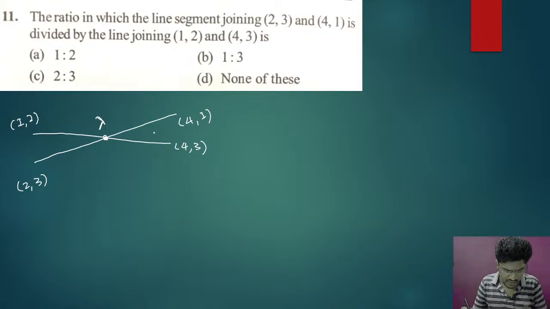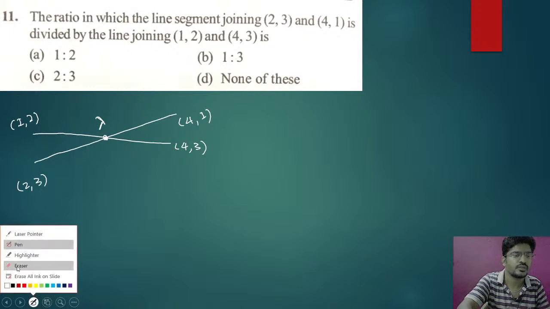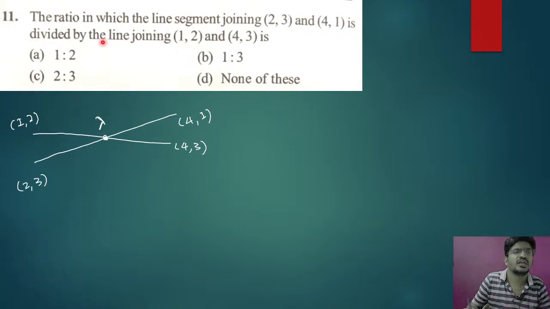So the ratio in which the line segment joining the points 2, 3 and 4, 1 is divided by 1, 2 and 4, 3.